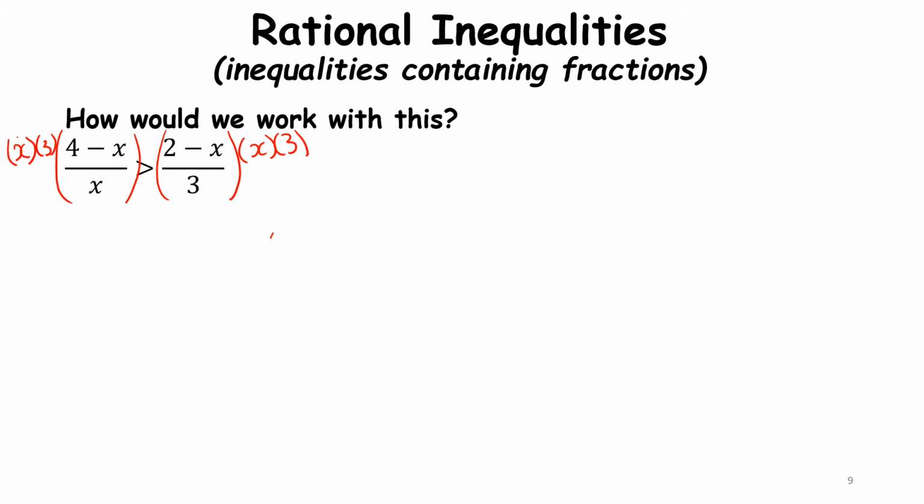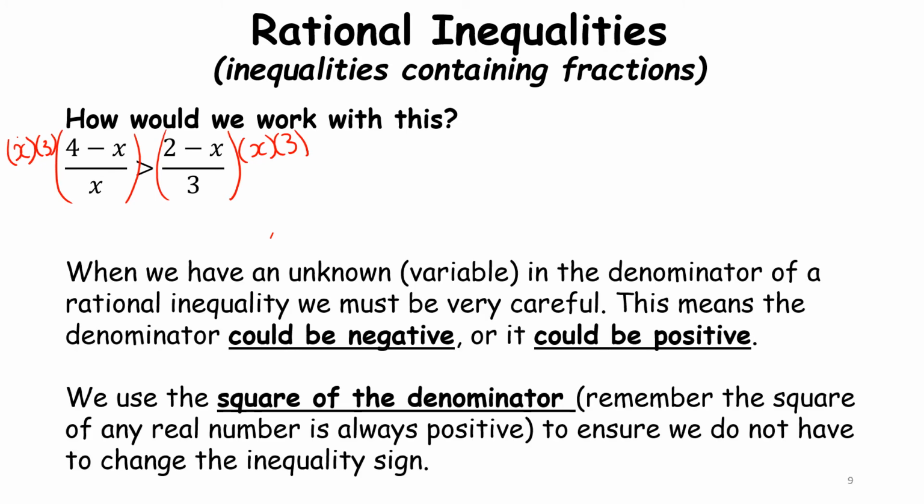And because of the fact we don't know about this denominator, we need to be a little bit cleverer about it. So what we're going to do, and I'm going to get rid of this in case anyone thinks it is correct, is we're going to instead work with the square of the denominator. So instead of x, I'm going to multiply it by x squared, but I'm not going to square the 3.